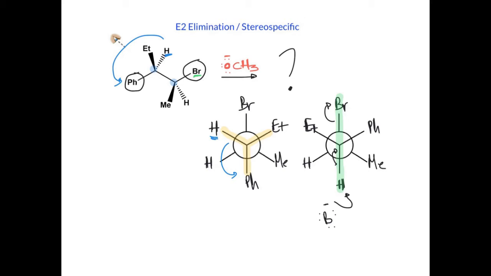So in order to find now the configuration, you simply need to delete the bromine and hydrogen, and this will give you directly what will be the substituents in the alkene.